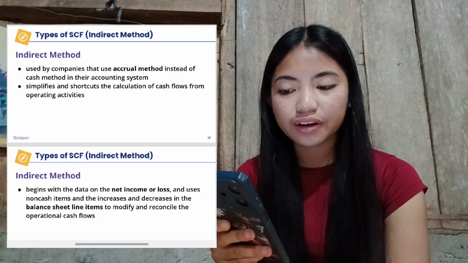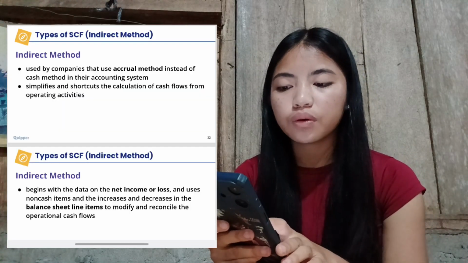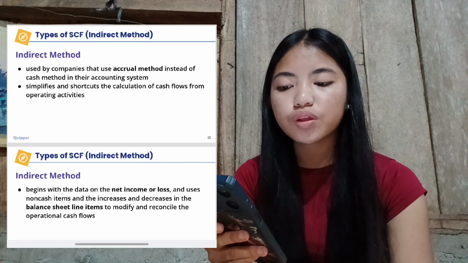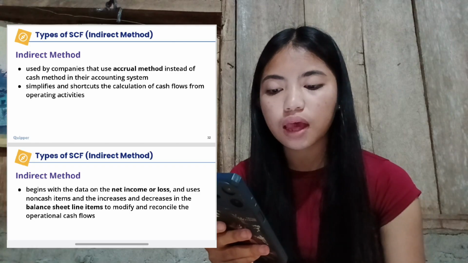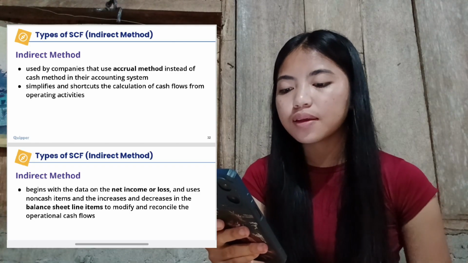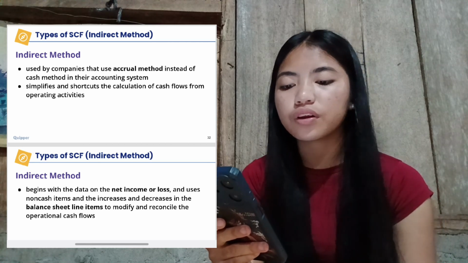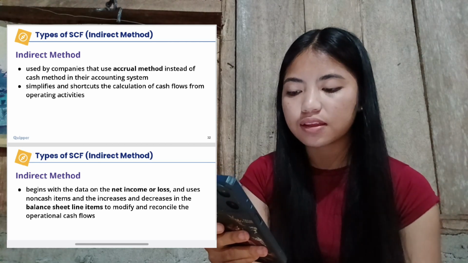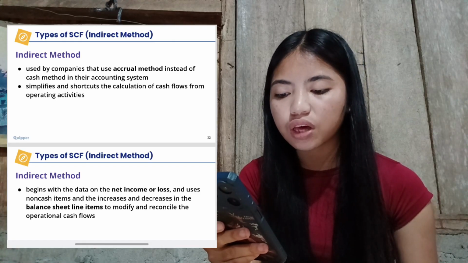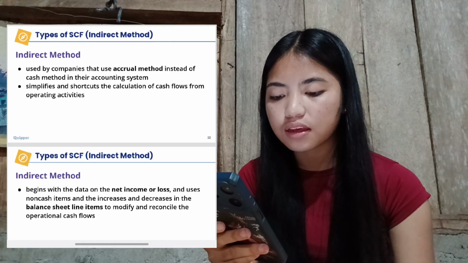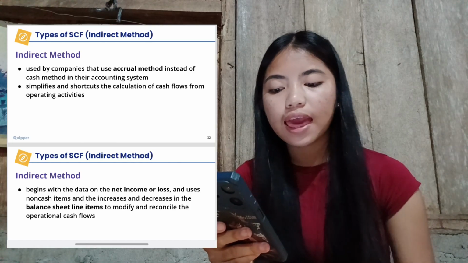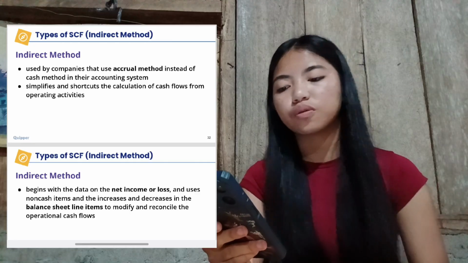So we have here the second method, which is the indirect method. The indirect method is used by companies that use the accrual method instead of the cash method in their accounting system. It simplifies and shortcuts the calculation of cash flows from operating activities, begins with the data on the net income or loss and uses non-cash items and the increases and decreases in the balance sheet line items to modify and reconcile the operational cash flows.